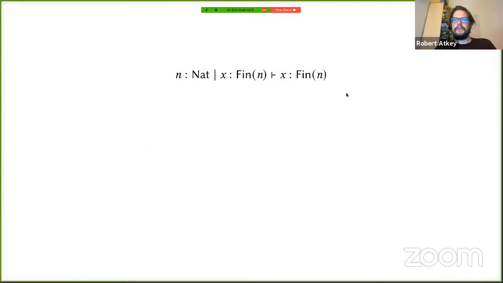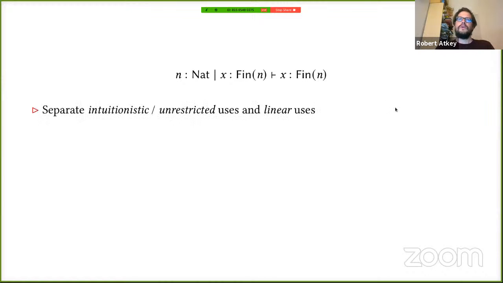So some systems have tried to integrate dependent types and linear types by separating the logical uses, the ones to the left of this bar here, from the computational uses. So we separate the so-called intuitionistic or unrestricted uses. It's maybe wrong to say these are only logical uses.